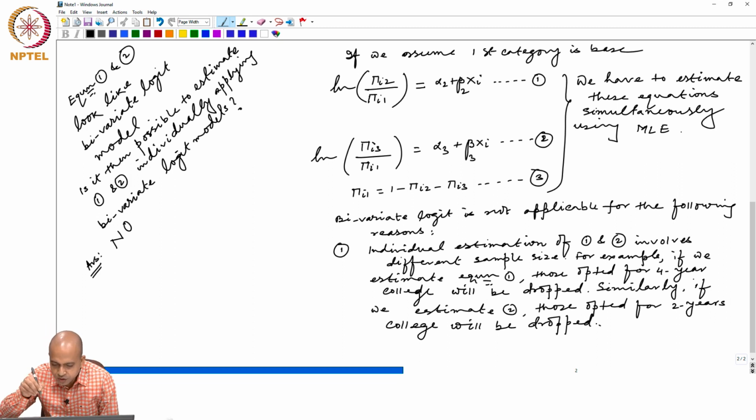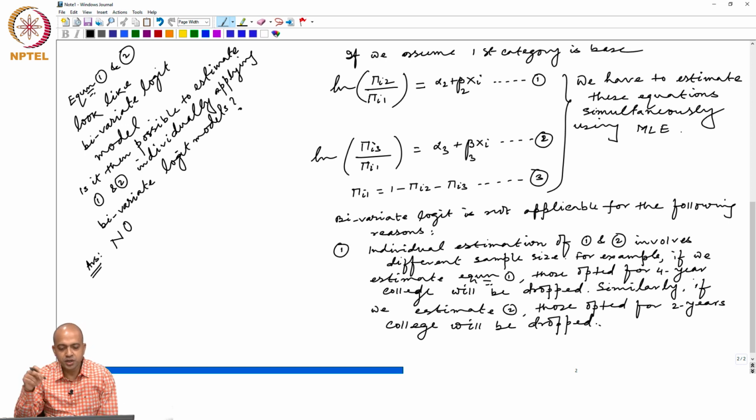So equation 1 requires only that part of the sample. Equation 1 involves information from those individuals who opted for a 2-year college. Equation 2 involves those individuals who opted for a 4 years college.